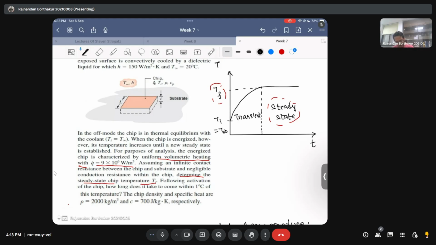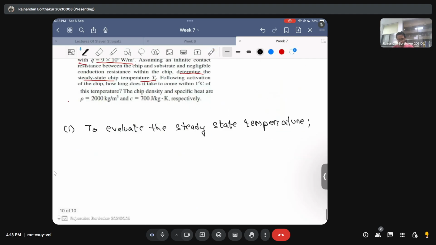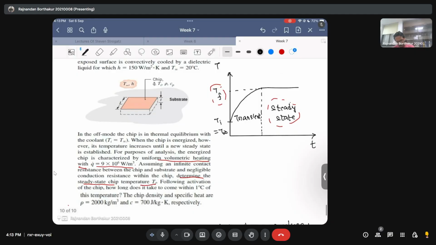So at steady state, in this scenario, what we'll do is choose a control volume which will just encompass the chip, as we had been doing.